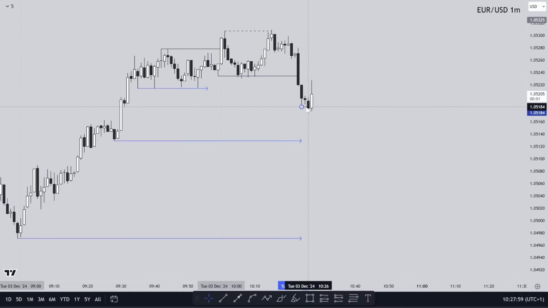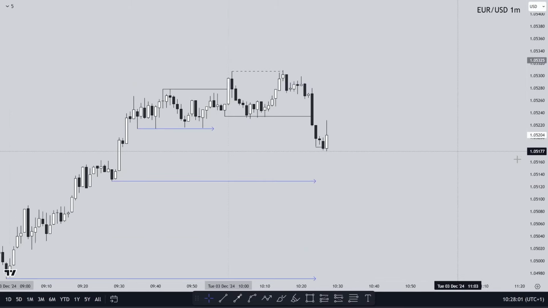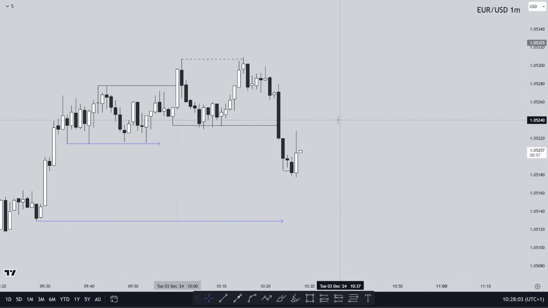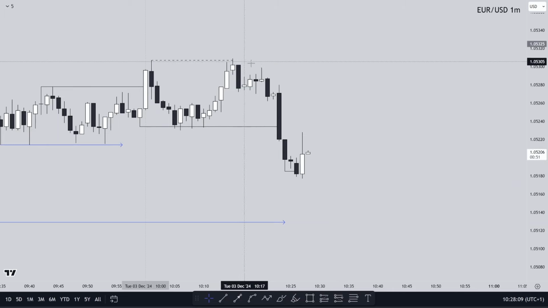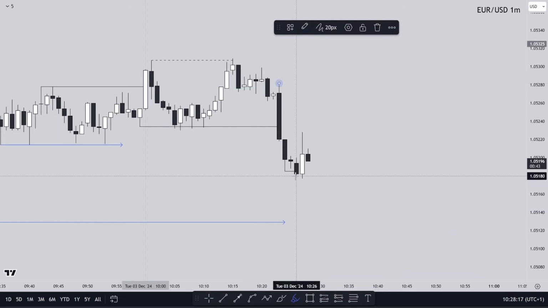So price creates another break of structure, but to be honest, I don't really like this break of structure because after this drop, the maximum was this one, and after this movement, the maximum is the same.